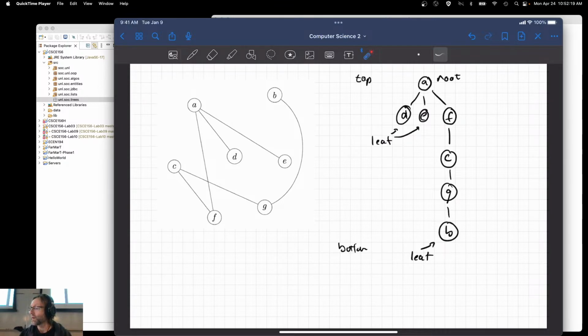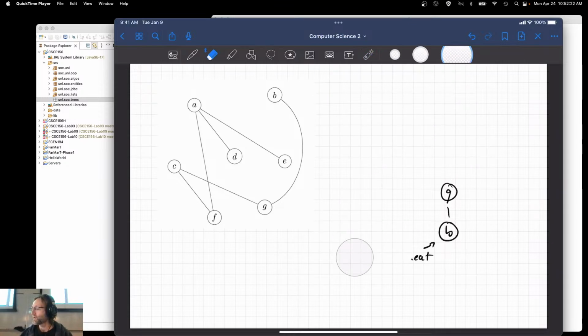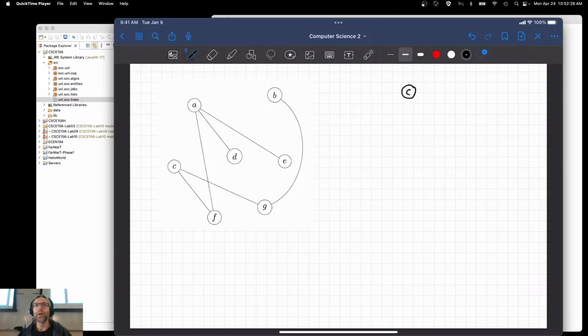What's an alternative orientation here? I just started at A because of lexicographic order. What if instead I had done C? Right? Pull C out of this piece of paper, this electronic paper, and dangle it off. And I've got F and G. Off of G is hanging B. Off of F is hanging A. Off of A are hanging D and E. Did I get everybody?